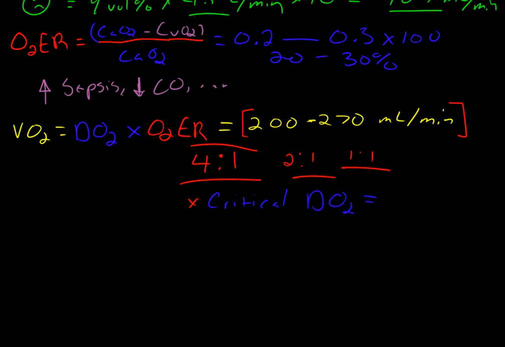Like I said, usually there's a buffer between the VO2 and DO2. At the critical DO2, we're extracting about 50%, and at that point, the relationship becomes supply and demand. So if you don't supply it, the demand's going to increase and you're going to go into an anaerobic state, which happens quite often.